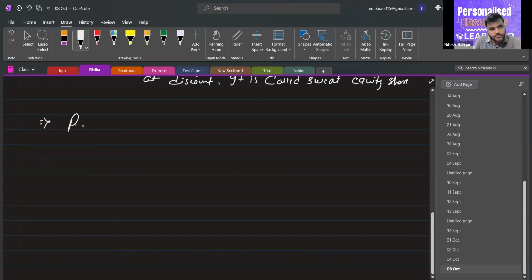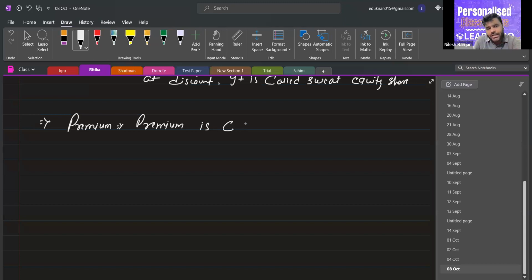Premium is a capital nature profit for the company. So what does it mean? When we issue our share at a higher price than our face value, it is called premium, and premium is a capital nature profit for the company.